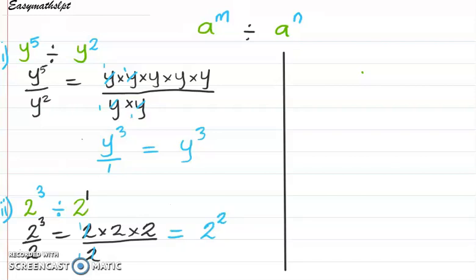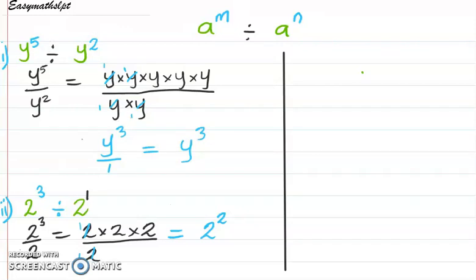Now let's see if there's any pattern. In the first example, y to the fifth power divided by y squared was simplified to give us y to the third power. In the second example, 2 to the third power divided by 2 was simplified to give 2 to the second power. Now basically all we did was subtract the powers. So 5 minus 2 in the first example is 3.